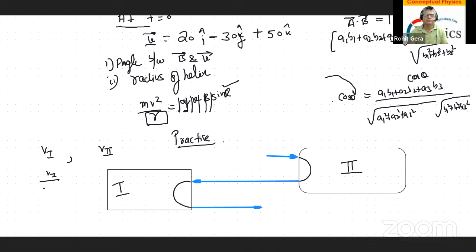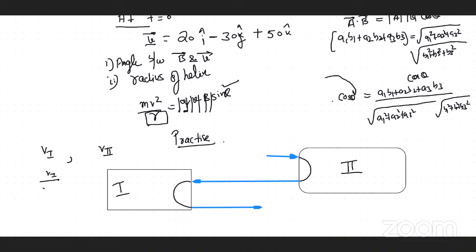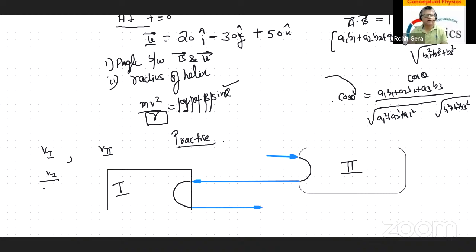Not possible. You can only have a parallel force. Otherwise, no work will be done.